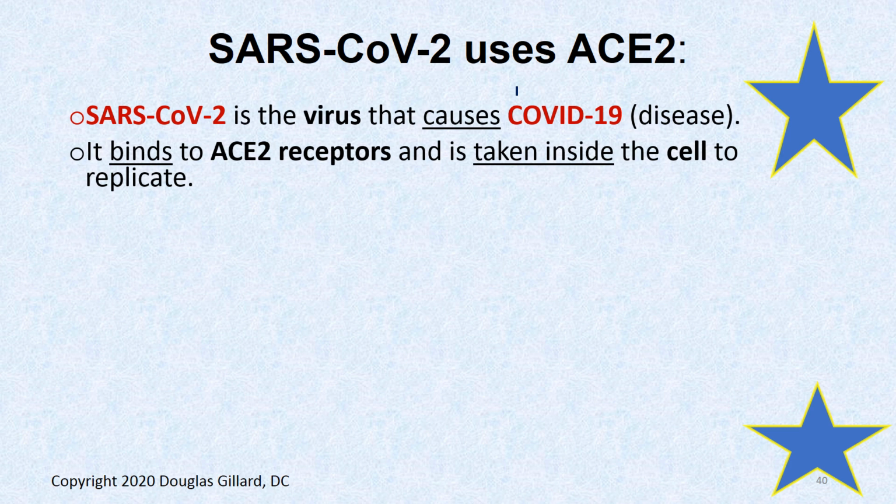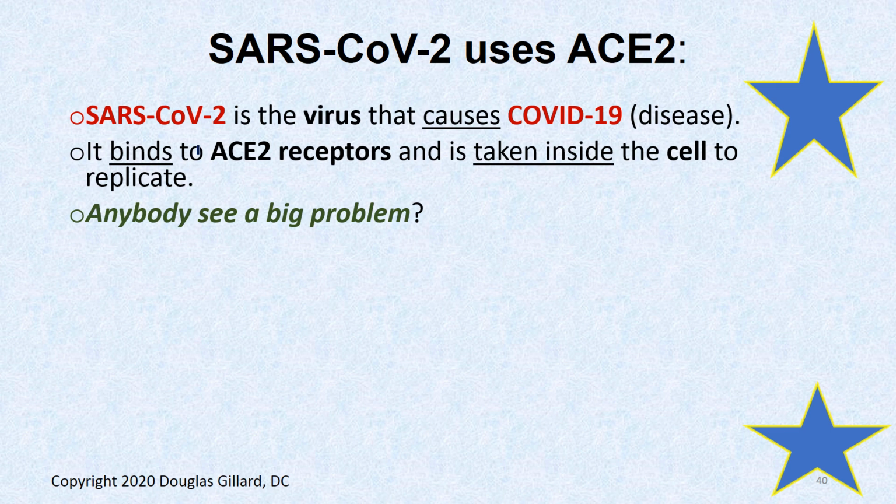Once SARS-CoV-2 binds to ACE2, it is taken inside the cell, and then the virus replicates like crazy. It's an RNA virus. I'll let Dr. Doe get into that more. It is an RNA virus, but there's a problem here. Anybody see a problem?